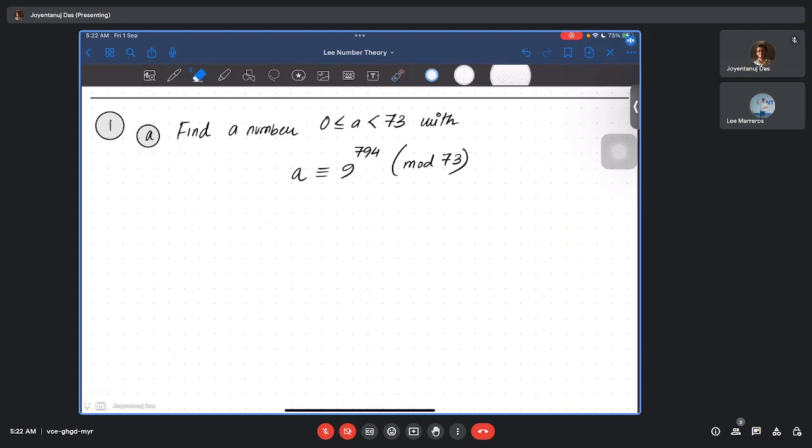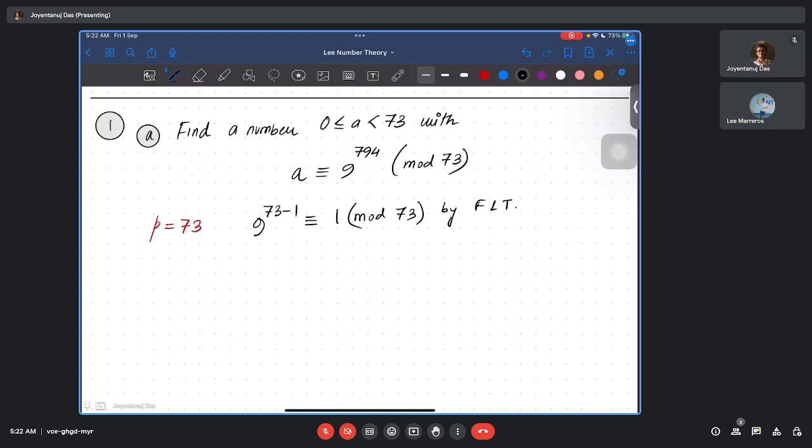So just tell me, by Fermat's little theorem, what do I have? So p is 73. So what does Fermat's little theorem say? It says that 9 power 73 minus 1 is congruent to 1 mod 73, right? This is by Fermat's little theorem.